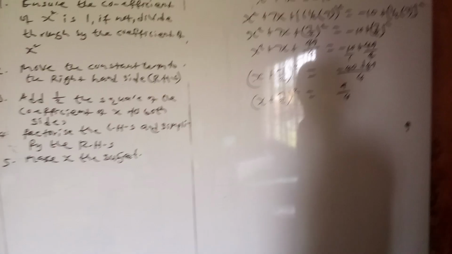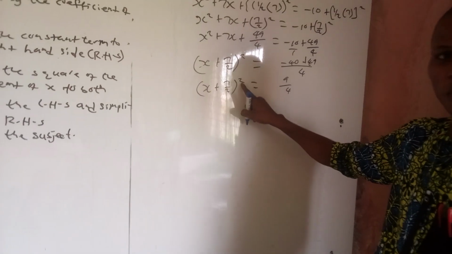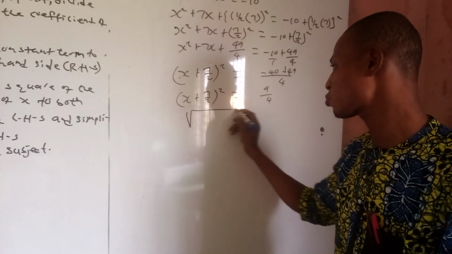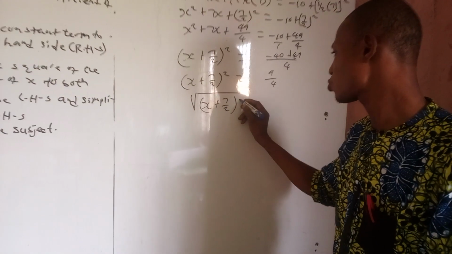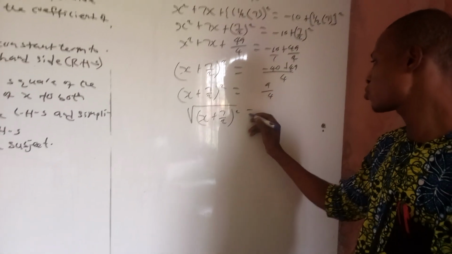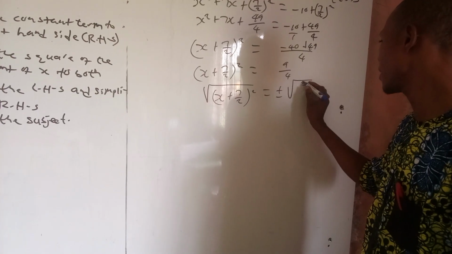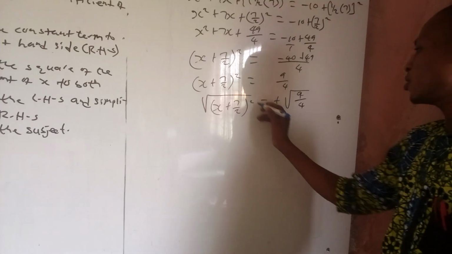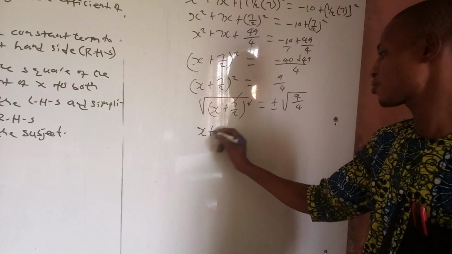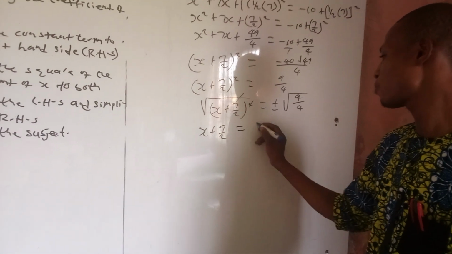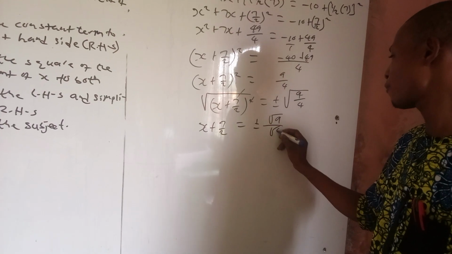Another thing is to make x the subject. To make x the subject, you need to take the square root of both sides. So you make this square, you need to take the square root of both sides. So you have the square root of x plus 7 over 2 all squared, and the square root on the right will be plus or minus the square root of 9 over 4. The square root and the square are inverse of each other, so we have x plus 7 over 2 equals plus or minus 3 over the square root of 4.